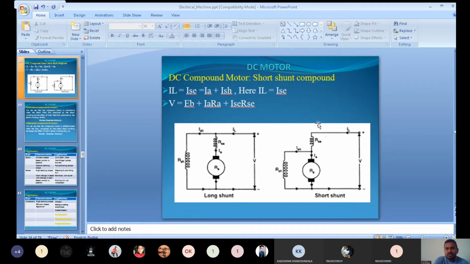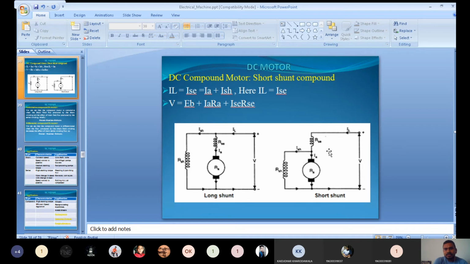In the short shunt, the shunt field winding is connected in parallel with the armature winding only, and the series field winding comes outside. It is known as the short shunt compound motor.